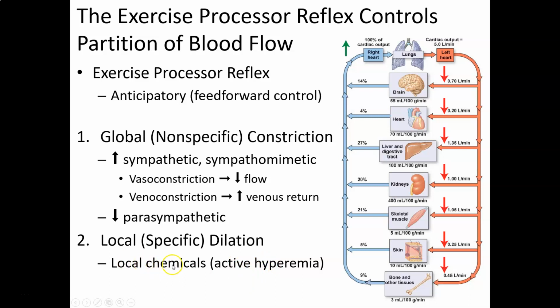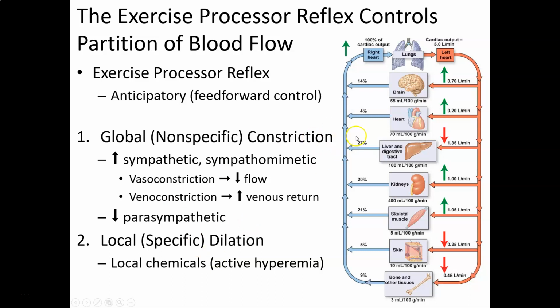If we increase the exercise in an area, like a certain muscle is doing more work, it's going to have more of these local metabolites, which means it's going to have a greater effect on dilation. So we're going to get more vasodilation, which is then going to increase the blood flow to that area. So that's what active hyperemia is, an increase in blood flow due to an increased metabolic need.